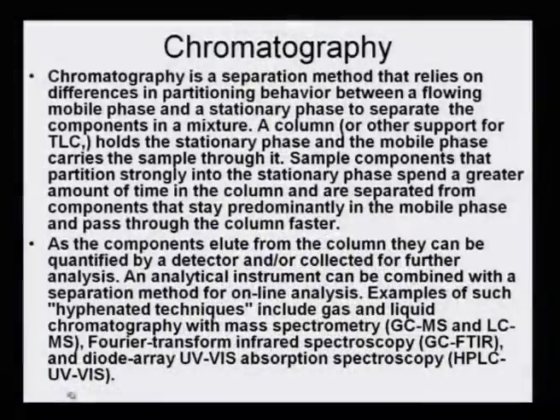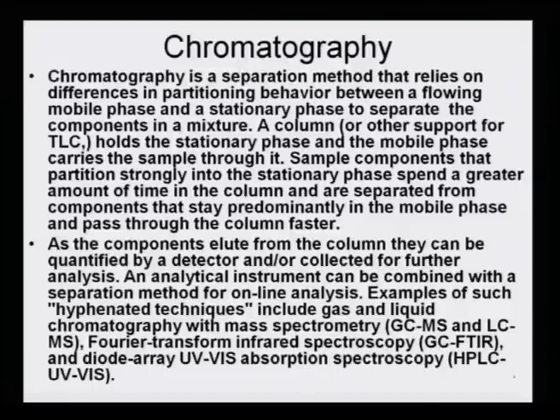As the components elute from the column, they can be quantified by a detector and/or collected for further analysis. An analytical instrument can be combined with the separation method for an online analysis.